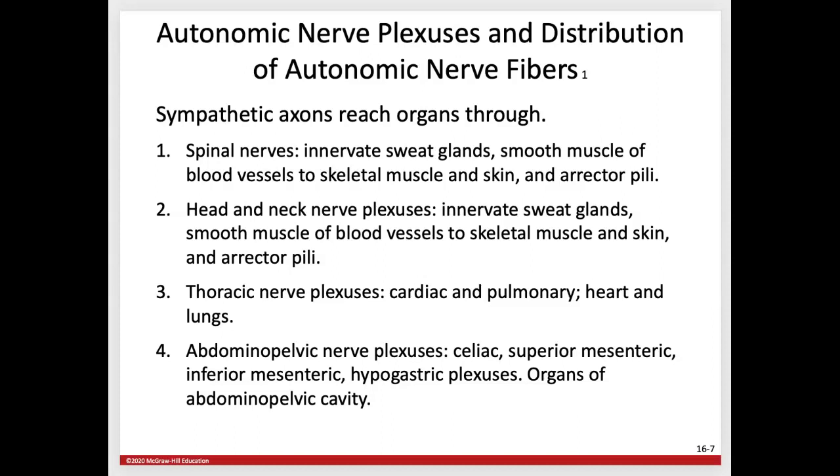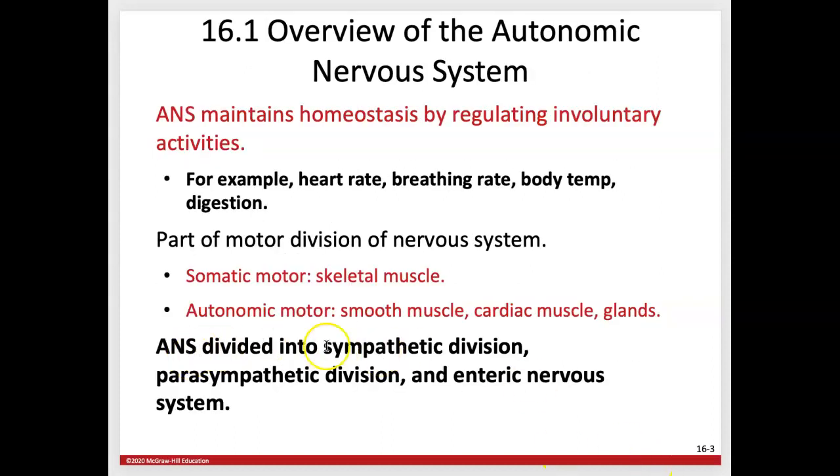When you think of sympathetic versus parasympathetic, okay, enteric is fairly easy. I'm going to go back up to this slide here. When we look at these divisions, we have sympathetic, parasympathetic, and enteric nervous systems. Those are all under the umbrella of the autonomic nervous system.